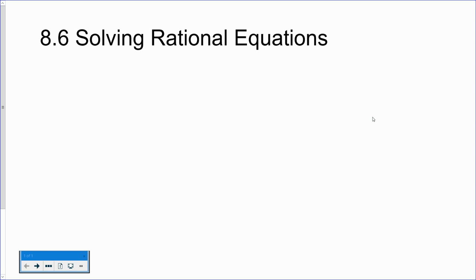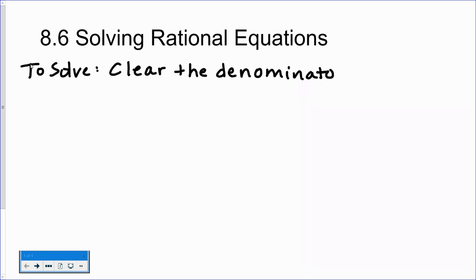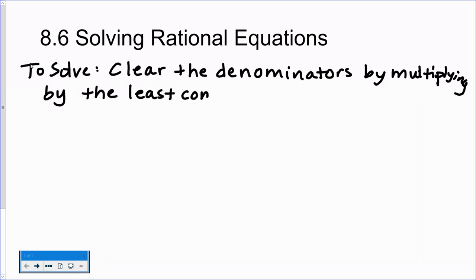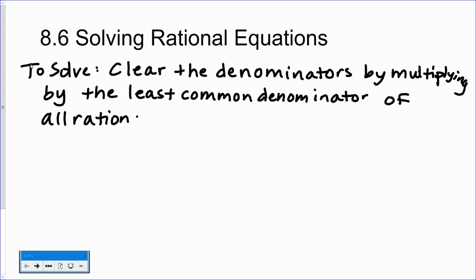To solve, what we will do is clear the denominators by multiplying by the least common denominator of all rational expressions in the equation.